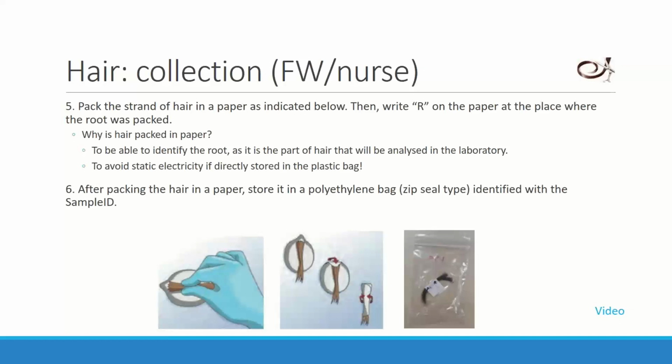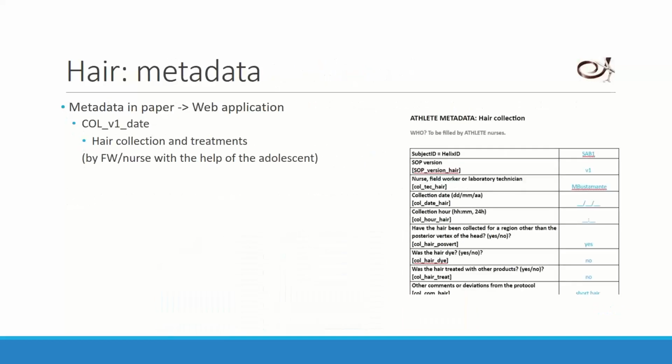And one more question: if you want to collect hair, what about if they have used shampoo or something? Is there any questionnaire? Maybe the metadata will come regarding that.